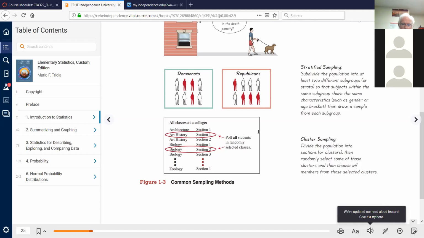But the issue with cluster sampling is that when you do that, you're assuming that the totality of the clusters reflects the broad population of whatever you're doing. In a college, that's true. They're all college students.